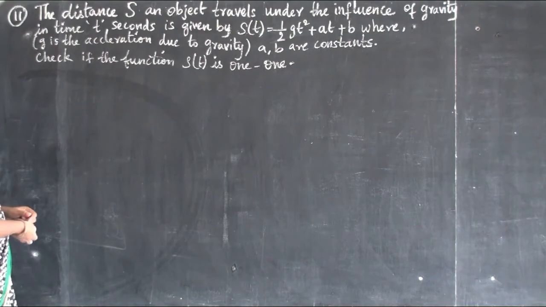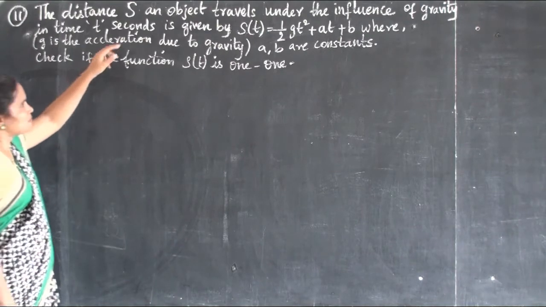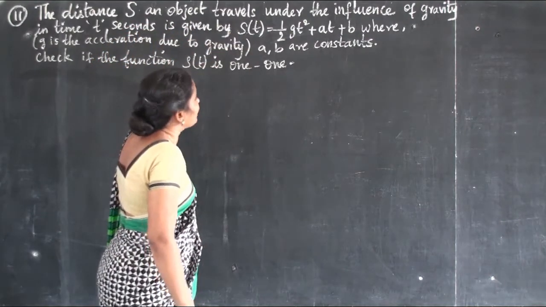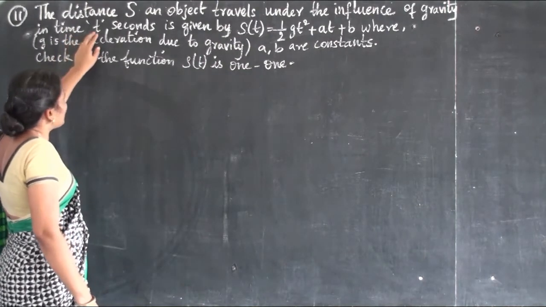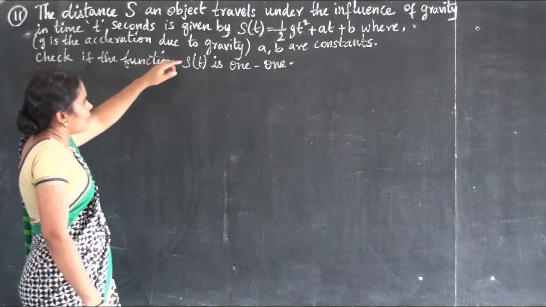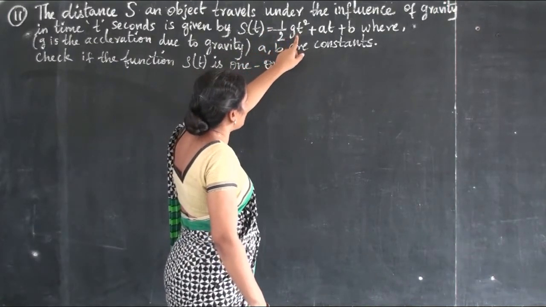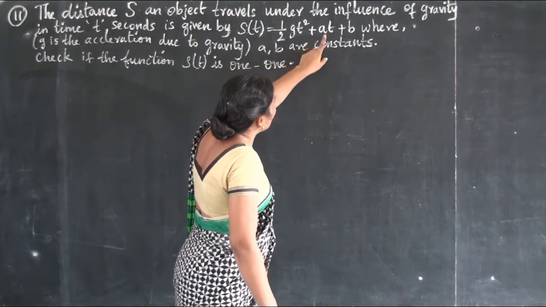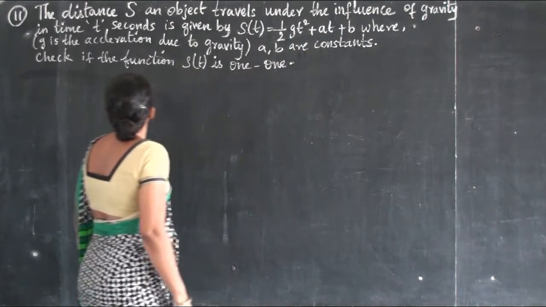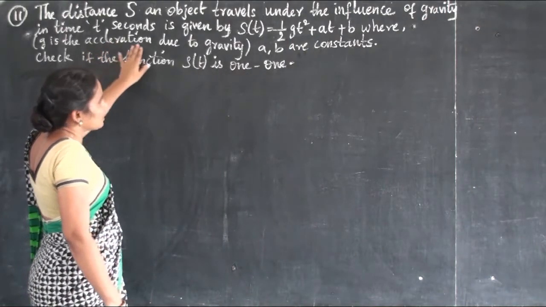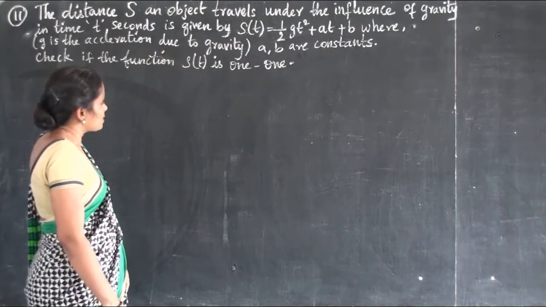Question number 11. The distance s an object travels under the influence of gravity in time t in seconds is given by s of t is equal to 1 by 2 g t square plus at plus b, where g is the acceleration due to gravity and a, b are constants.